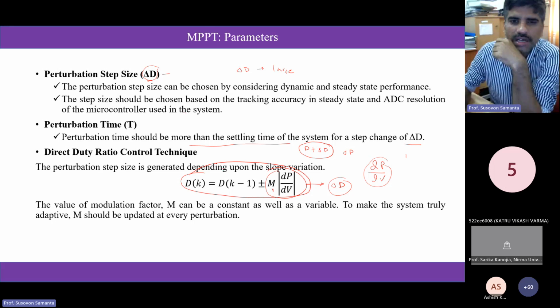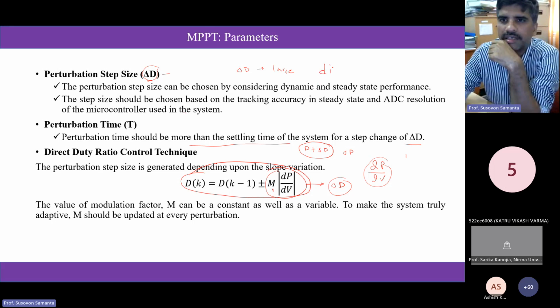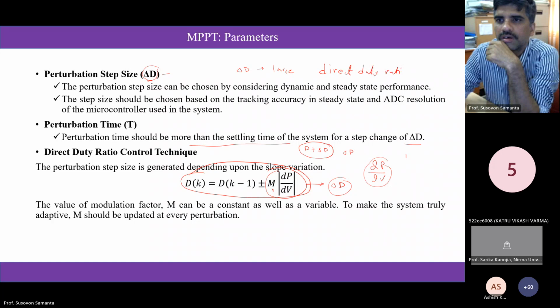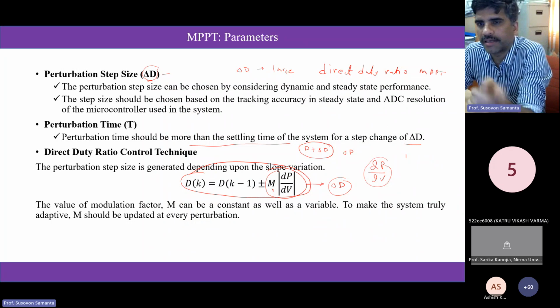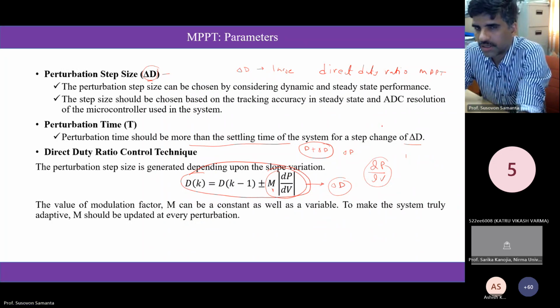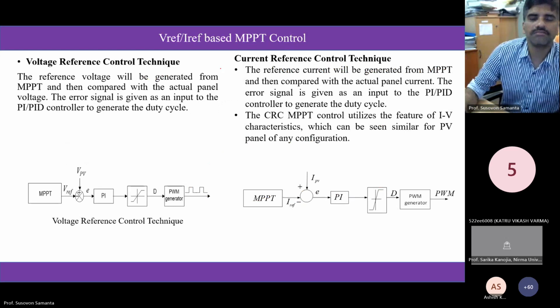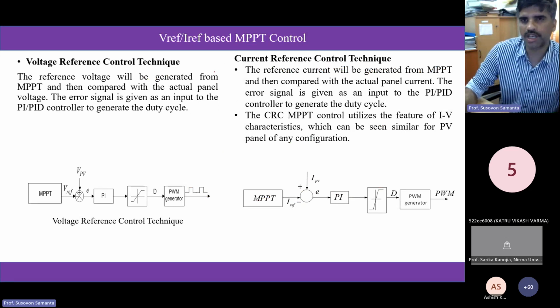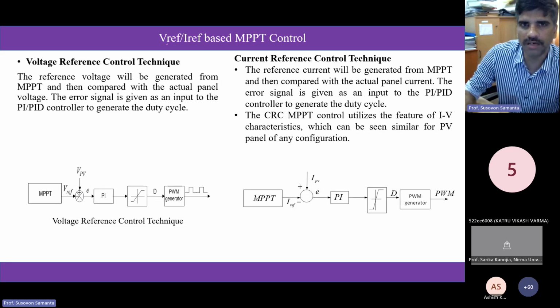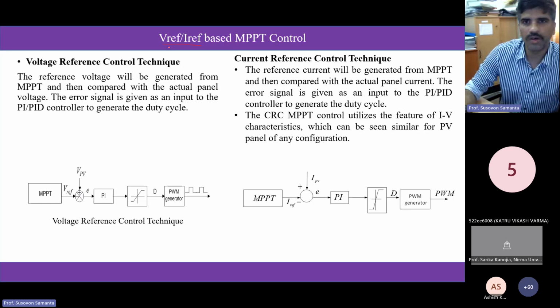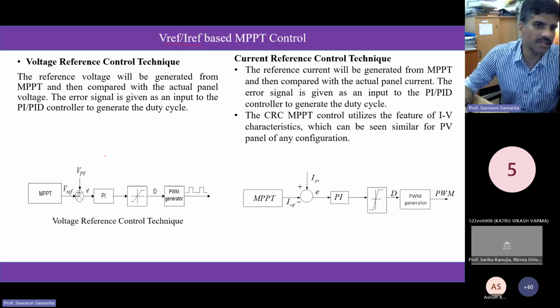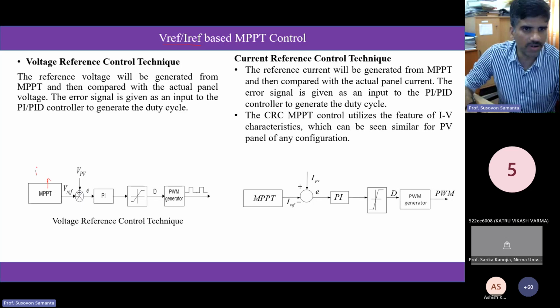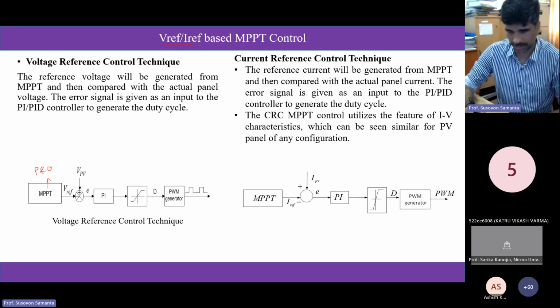Now, this kind of MPPT algorithm, people call it a direct duty ratio MPPT algorithm, as we are directly changing the duty ratio. Now there is another version of MPPT algorithm, which is called VREF IREF based MPPT control. What is this? You can have the MPPT like normal P&O, fractional open circuit, short circuit, or INC, whatever MPPT algorithm.